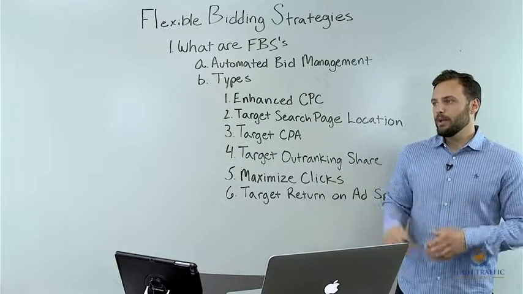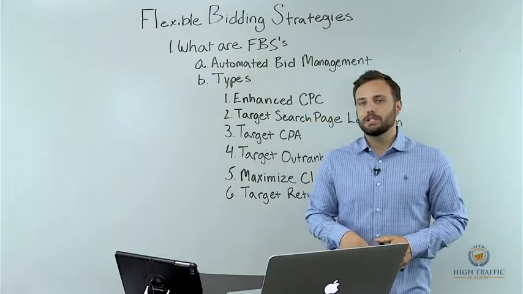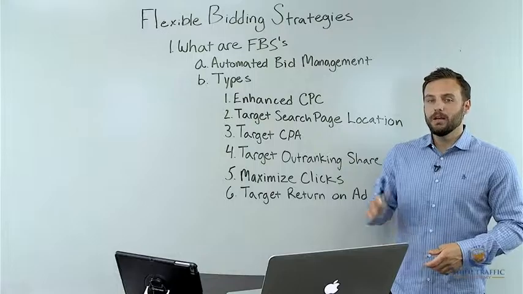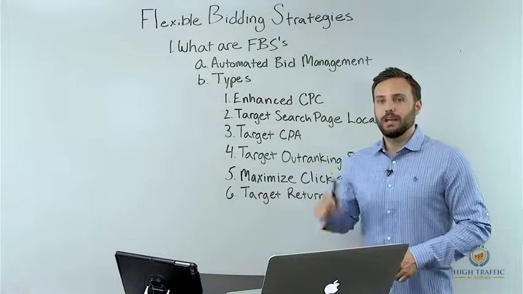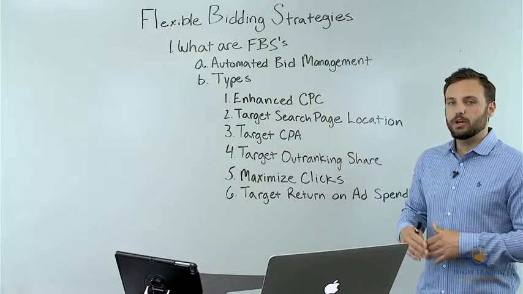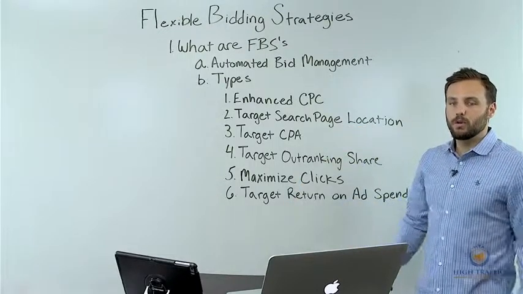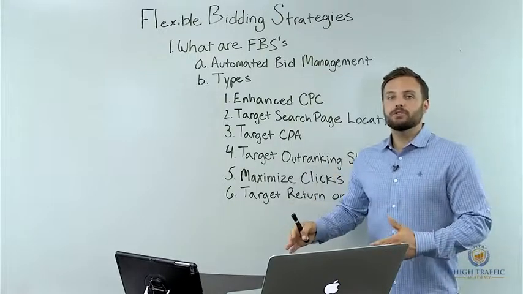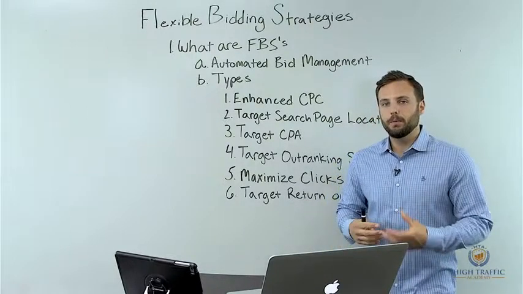And in order for a flexible bidding strategy to get real traction and really good data, you need large data sets. So you typically assign a flexible bidding strategy at the campaign level so that you can get that large data so you can increase the quality score of your campaigns. But in that case, you might be bidding too much on certain ad groups or keywords. So those are a couple of the cons.